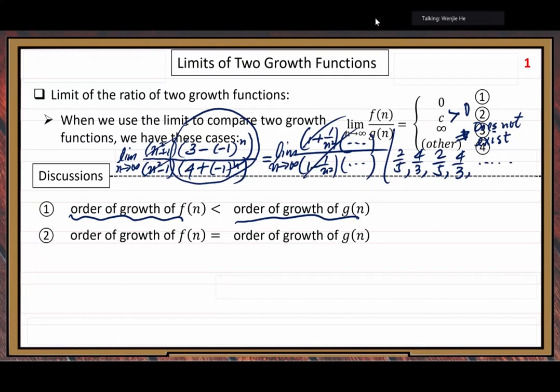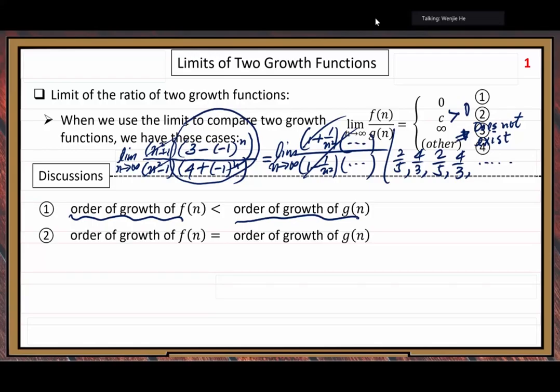The scale is different because c controls the scale, up or down. But the growing shape, the trend, is pretty much the same. So in this case, we can say they have the same order of growth.